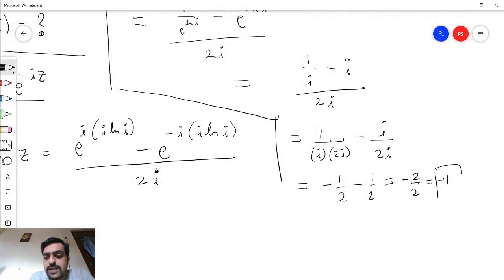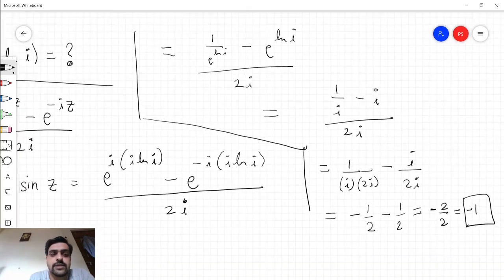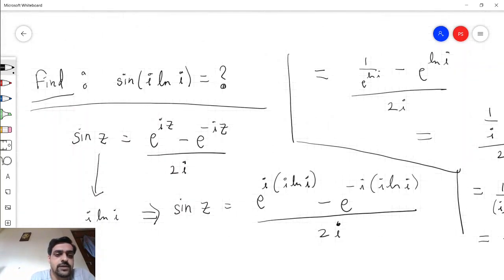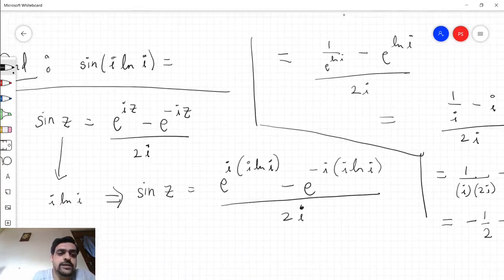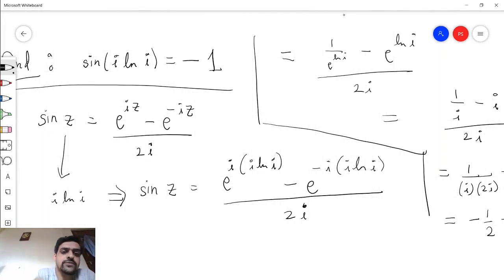So surprisingly, the answer of a seemingly complicated expression, sine of i log i, is just minus 1.